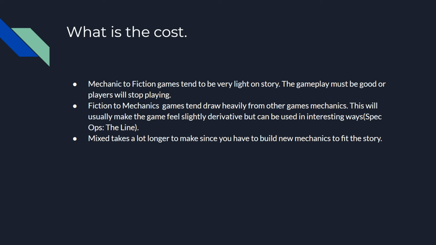So you get the benefit of having this tried and true gameplay that a lot of people are using and is fairly interesting, but you also get a very well thought out story that challenges why we use this gameplay in the first place.